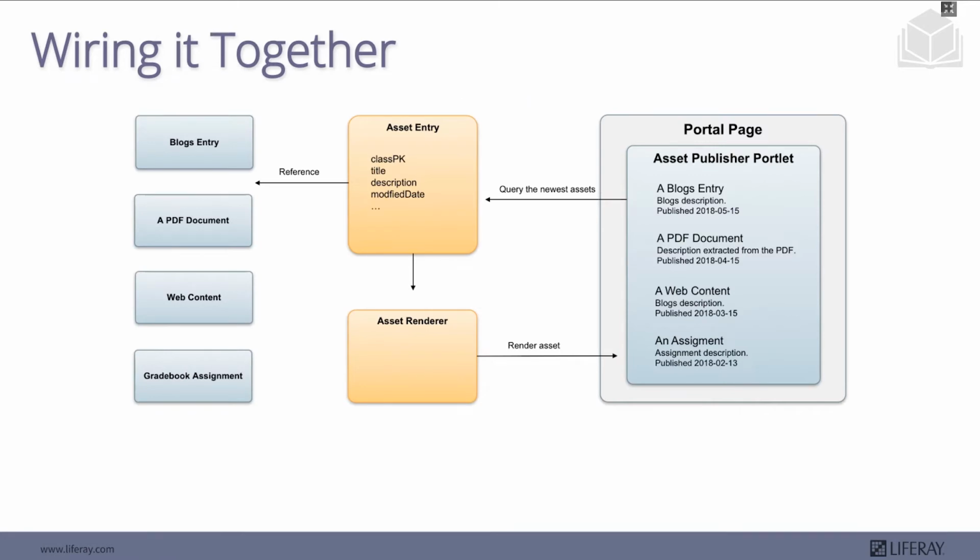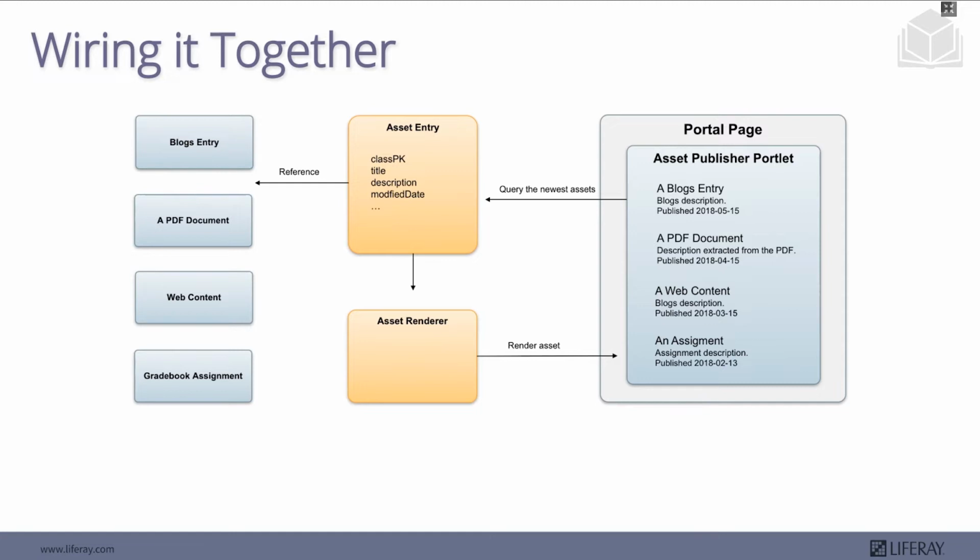So altogether, we can have a number of different types of content. We can have a blog entry, maybe we upload a PDF, or we can have the assignment that we have created. And all of these different things can be represented as an asset entry. The asset entry is going to have a common list of fields like class PK, title, description, when it was modified, and when it was created.